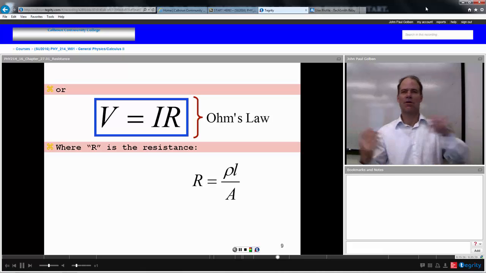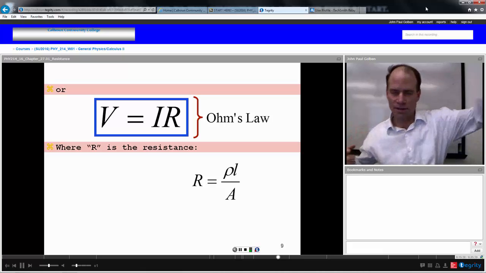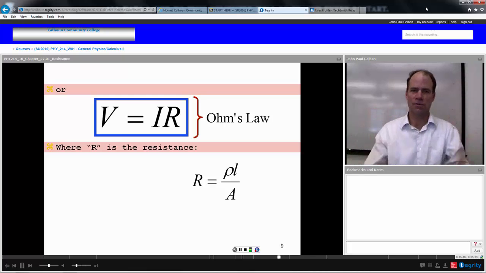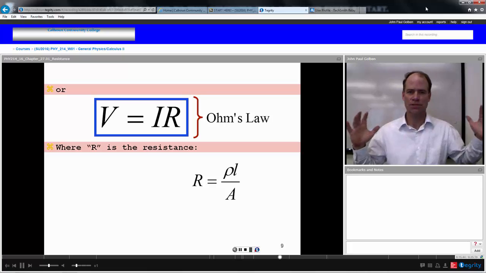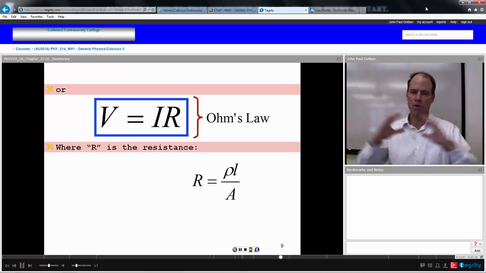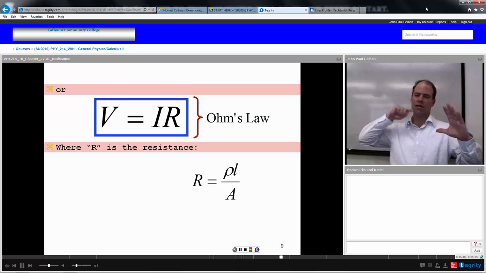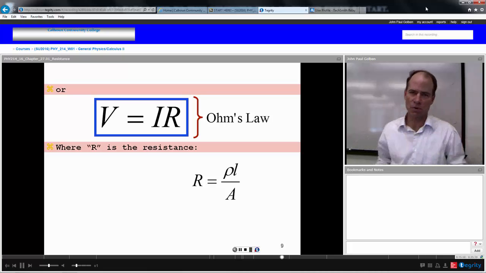You can go out to the outer lanes, go by, and then come back in, so you can get around all that traffic. You have less resistance if you have more options. So if you have more cross-sectional area, electrons have more opportunity to go further, and hence the resistance they encounter will be less.